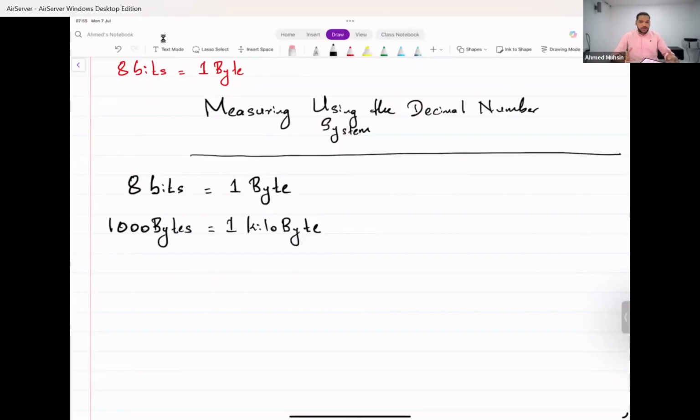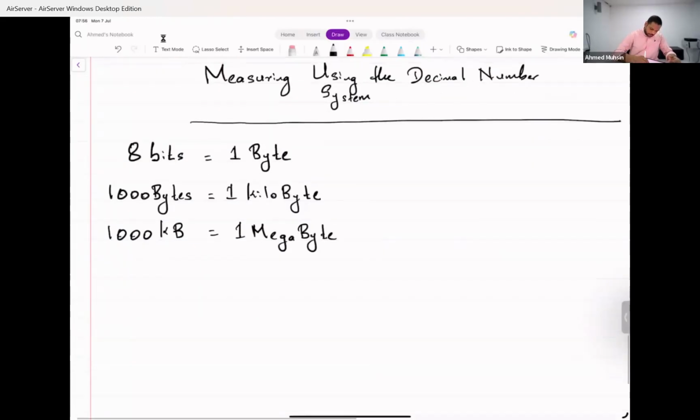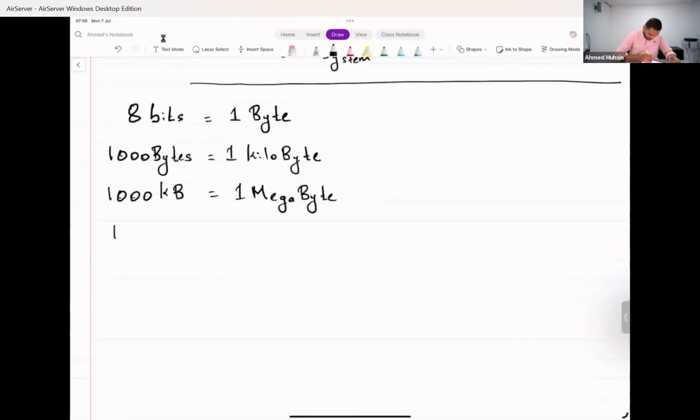If you put 1000 kilobytes together, you get 1 megabyte. If you put 1000 MB together, you get 1 gigabyte.